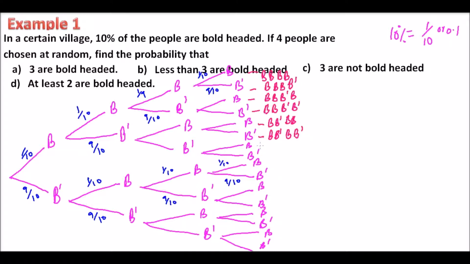Then B, not bold-headed, not bold-headed, B, and B, not bold-headed, not bold-headed, not bold-headed. We are through with that.